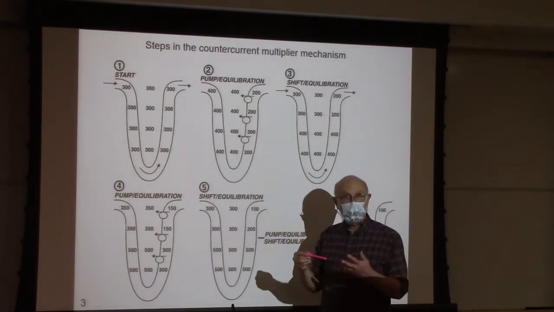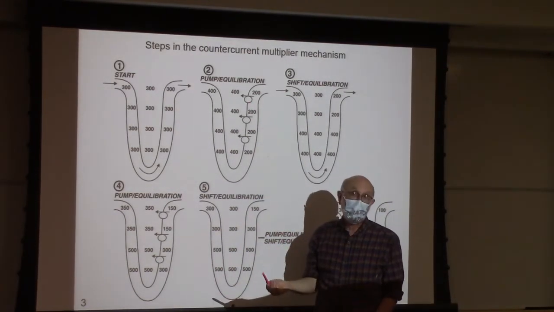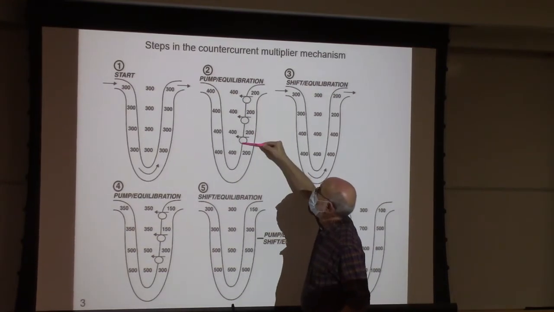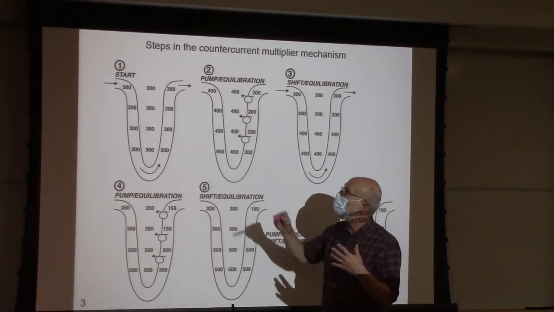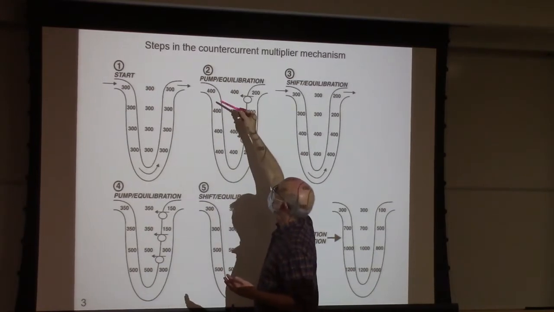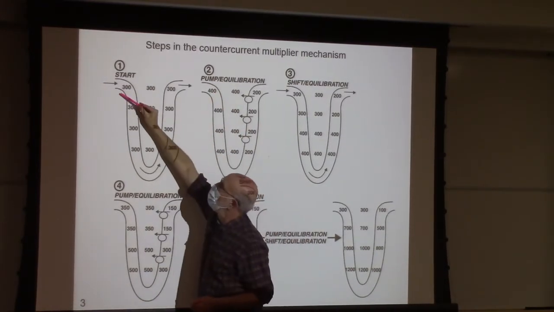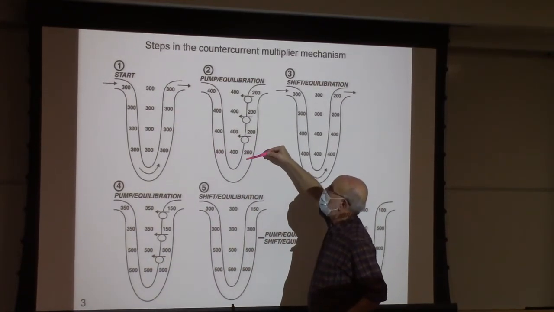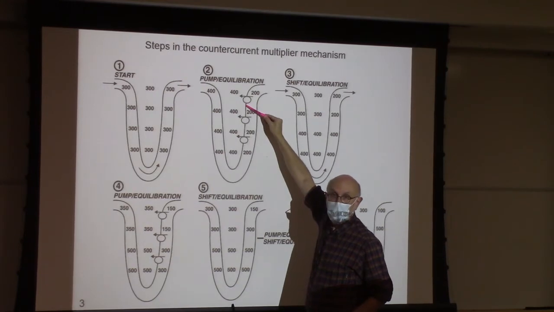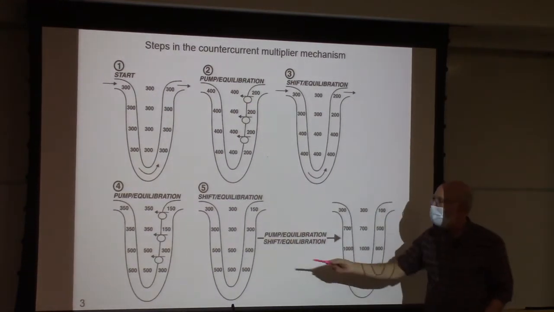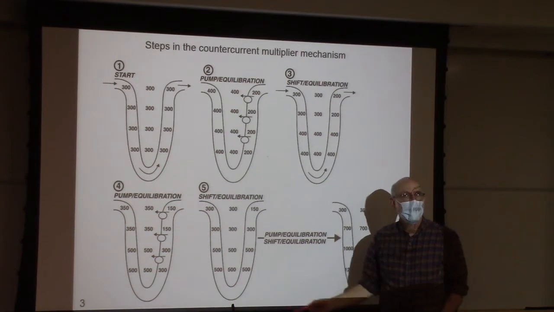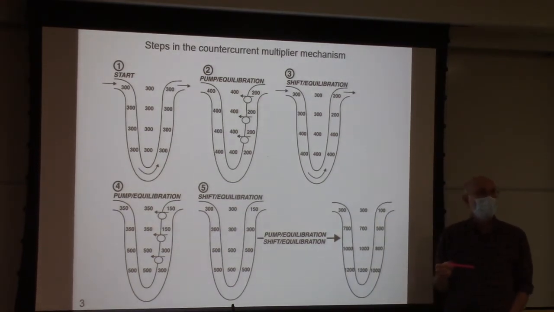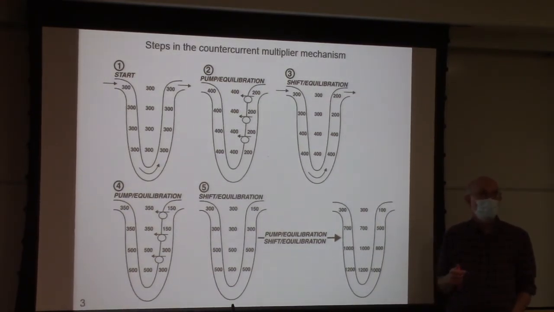That combination of transporters represents an ATP-driven pump, and then the geometry and the flow, that is to say, flow in and equilibrating on one limb, and active transport on the other limb. Doing that over and over again, you build a gradient. And then we're going to use that gradient to make a concentrated hypertonic urine or not, depending on whether we're dehydrated or not.